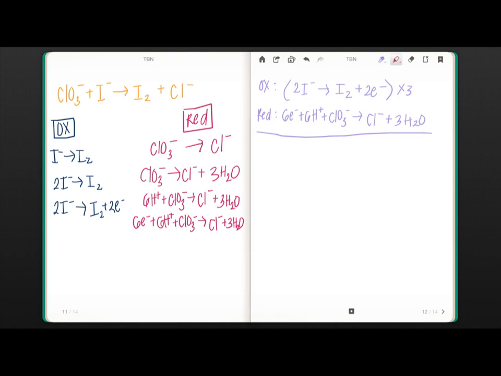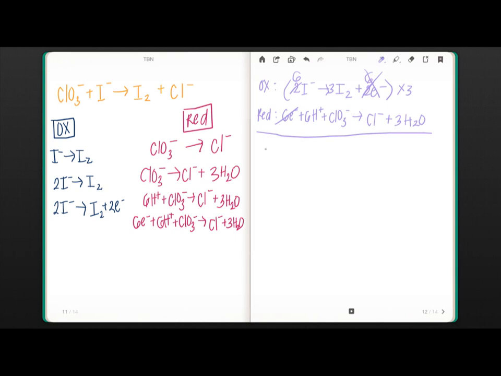So I'll just cross it out. So this will change into a 6 after multiplying by 3. This will be a 3, and this will change into a 6. So once you do that, the electrons cancel out on both sides, and then you have what's left over that makes up your balanced overall reaction.